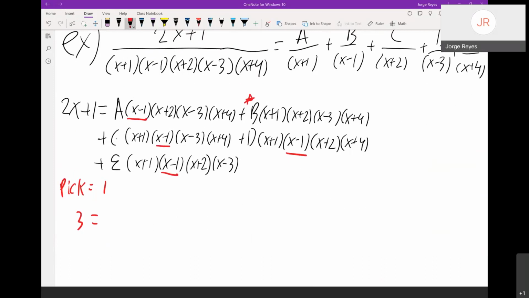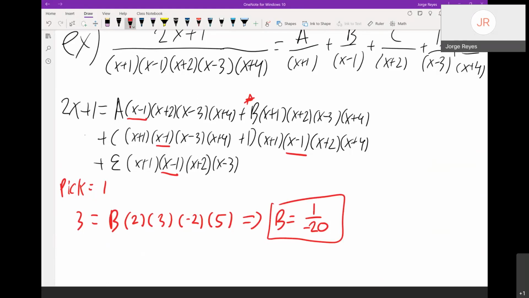And I'm going to get B times 2, 3, 1 minus 3 is -2, and then 5. So this means B equals, the 3's cancel at least, so you're going to get 1 over -20. So that's B.